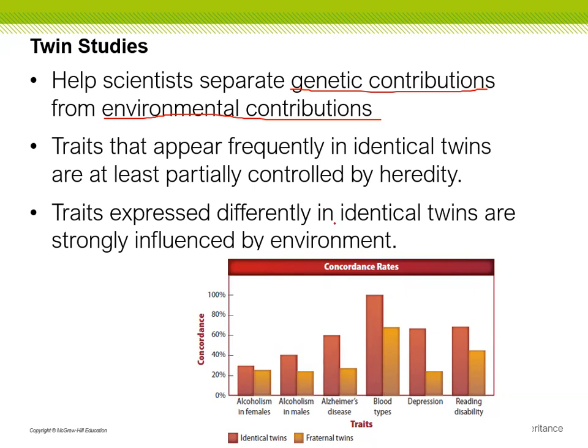So if there are traits that happen a lot in identical twins, so if both twins develop, for example, really high blood pressure, that probably means that it's controlled by heredity. So that probably means they inherited something that influences their blood pressure.